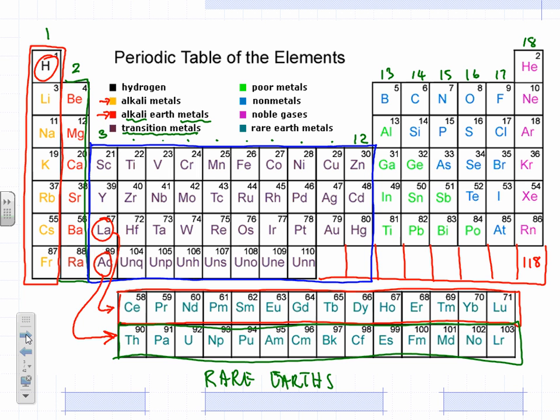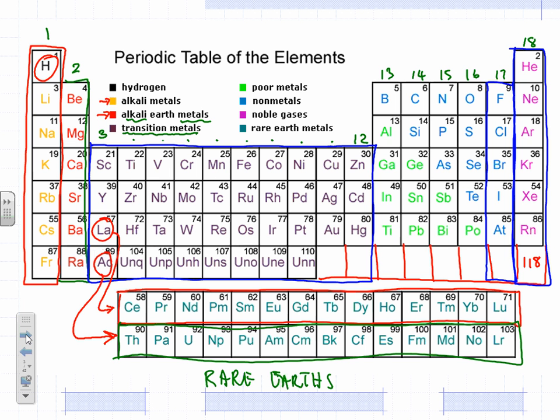What else? Over on the far right, group 18 are the noble or inert gases, and then group 17 are the halogens. We'll get to do some laboratory experiments and study the behavior of some of these elements a little bit later on.